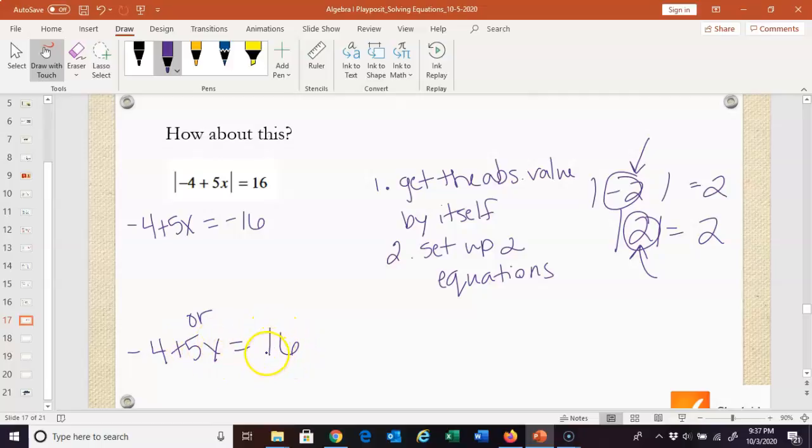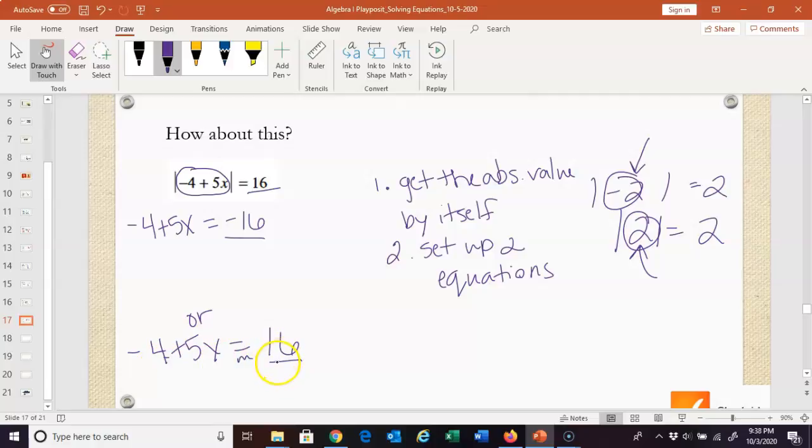So whatever's on the inside can either be negative or it can be positive. That word be, meaning equals, is. So we always set up two equations. Whatever's on the inside, you write it, and you set it equal to the negative value of whatever this is. And then whatever's on the inside, you set it equal to the positive value.